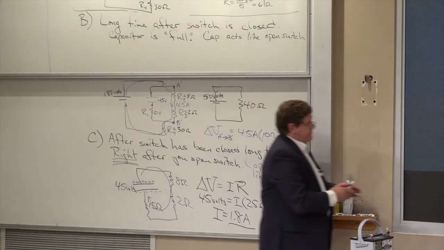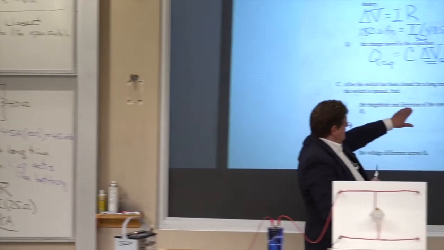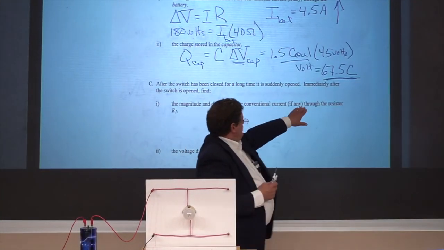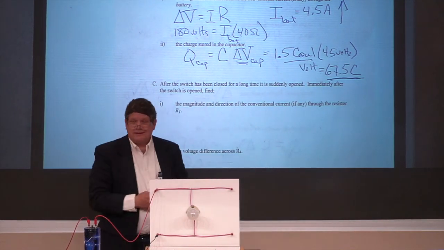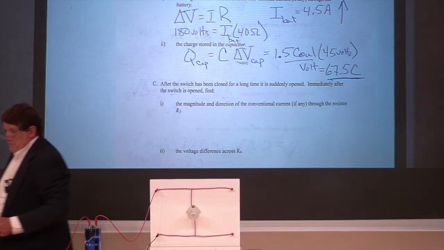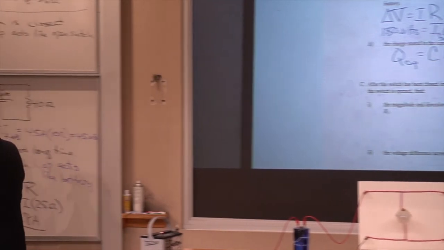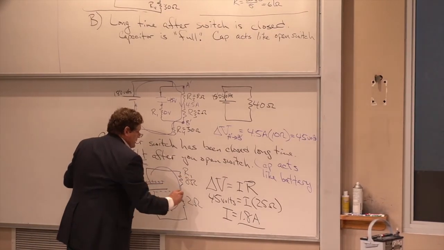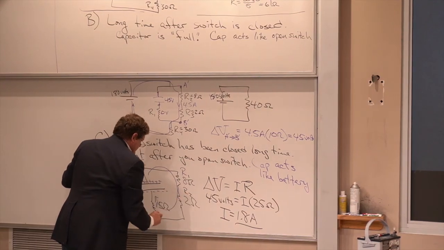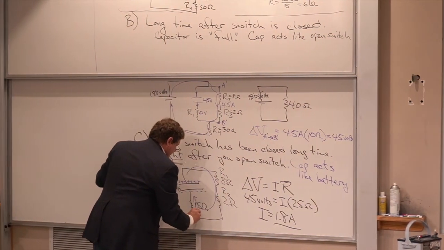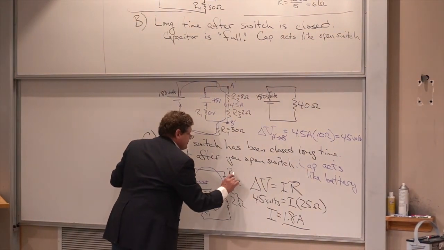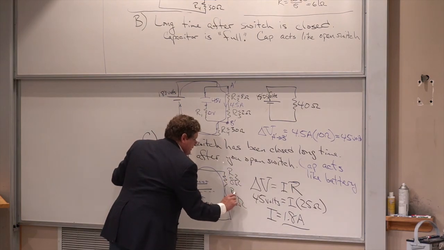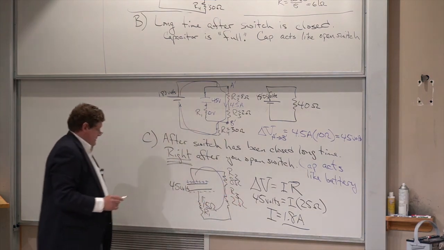Now, we're asked to find the magnitude and direction of the conventional current through resistor R1. Well, the magnitude is going to be the same through R1 as it is through R2, as it is through R3.